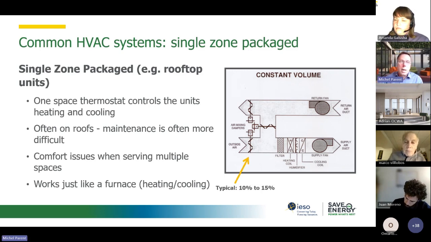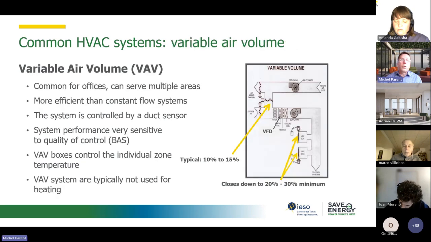The next one, again, very common in commercial buildings, not as common in industrial facilities, maybe for the office section, is the VAV system. A cousin of that VAV system would be a constant flow reheat system. Now, the one thing about that system, it is typically a cold deck system.